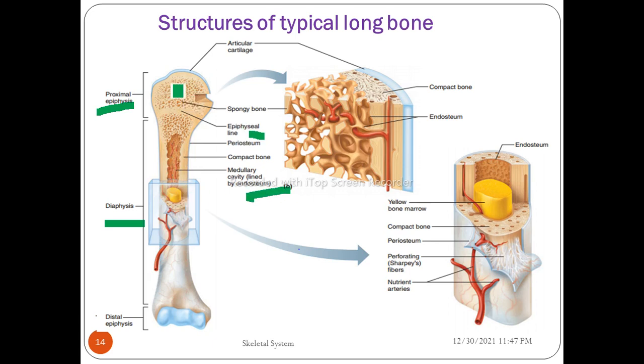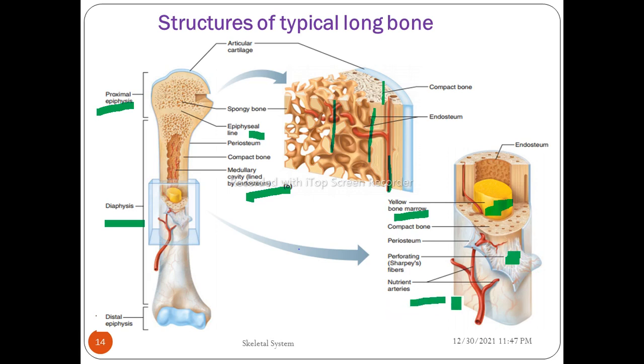If you cut this section and look at it like this, this is known as the endosteum. This is compact bone, whereas this one is sponge bone. This is a blood vessel or artery. This is yellow bone marrow, which fills the medullary cavity or marrow cavity, and this is a perforating, or Sharpey's, fiber layer which connects the periosteum with the bone.